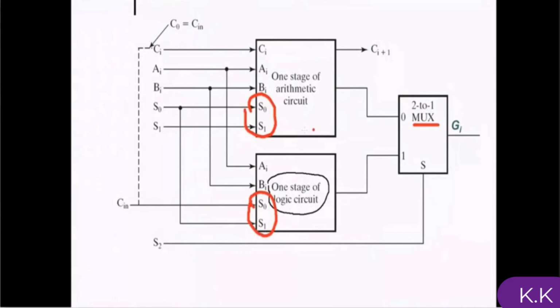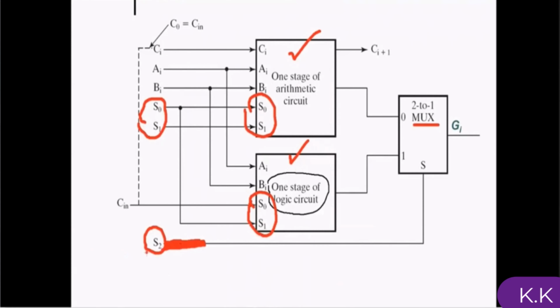And this is the circuit that I explained 2 slides ago, where we can perform increment, decrement, subtract, add with carry, subtract with borrow, and transfer. So 2 bits are here, S0 and S1, another 2 bits are here, and the output is given to a 2x1 multiplexer. So the output of the ALU can be from the arithmetic unit or the logic unit.